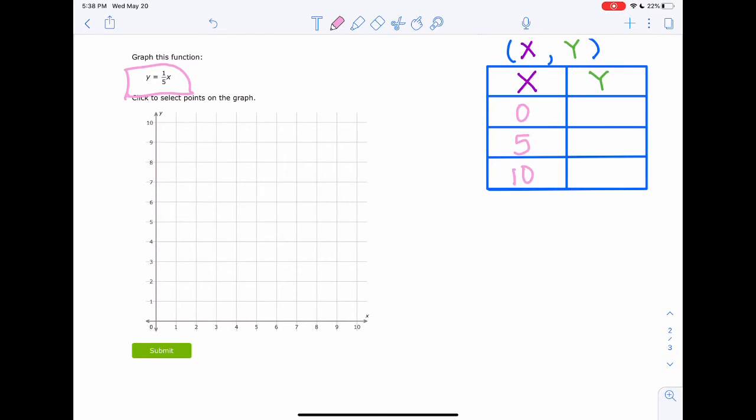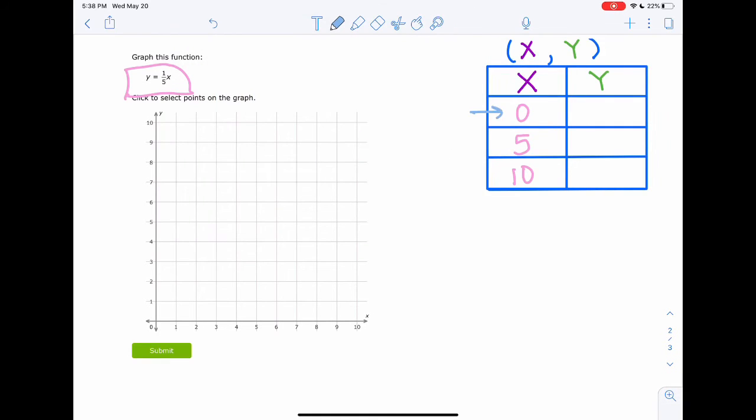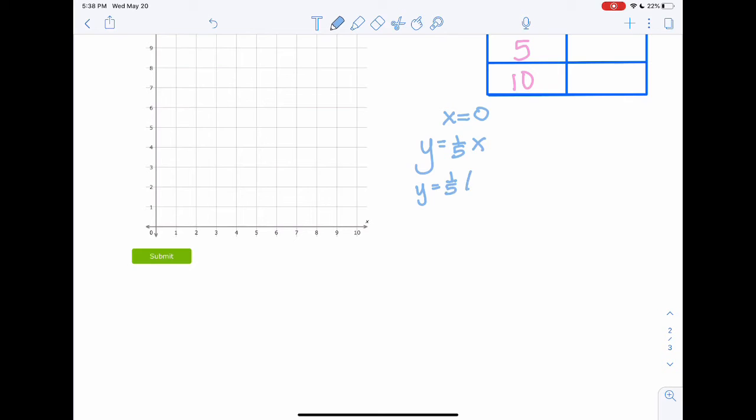So when I substitute inside, let's go ahead and go with 0, x equals 0. My equation is going to go from y equals 1/5 times x to y equals 1/5 times 0. So remember when I had you guys practice multiplying fractions with integers, this is where it comes into place. So remember, we multiply by the numerator and then divide by the denominator.